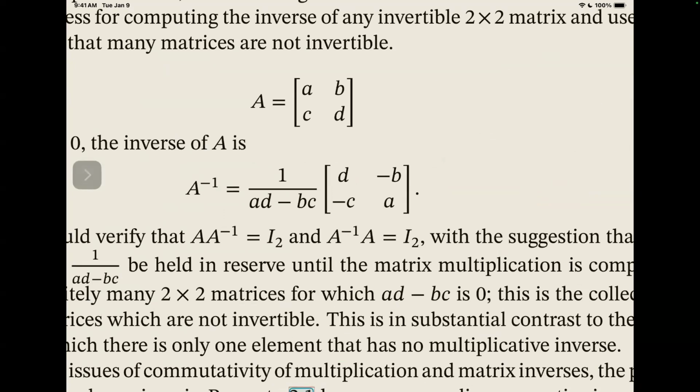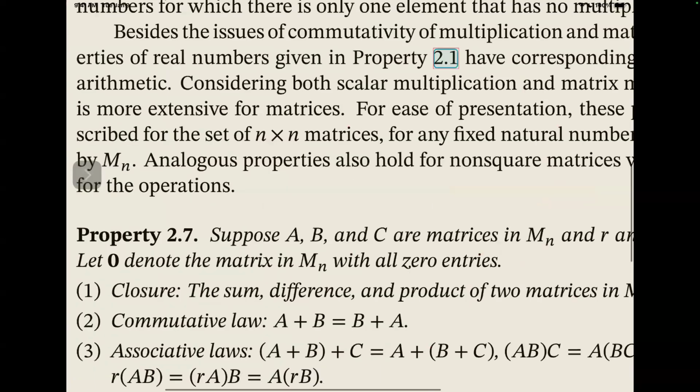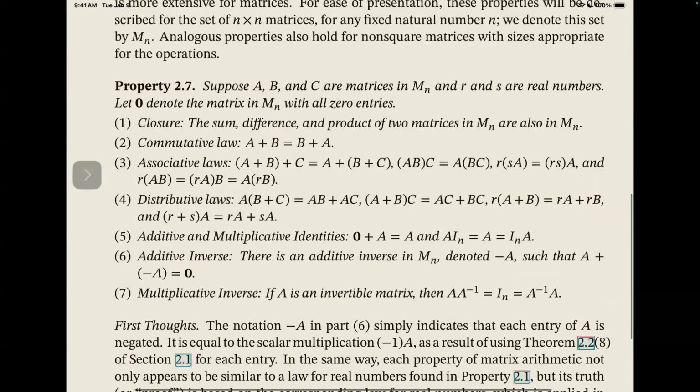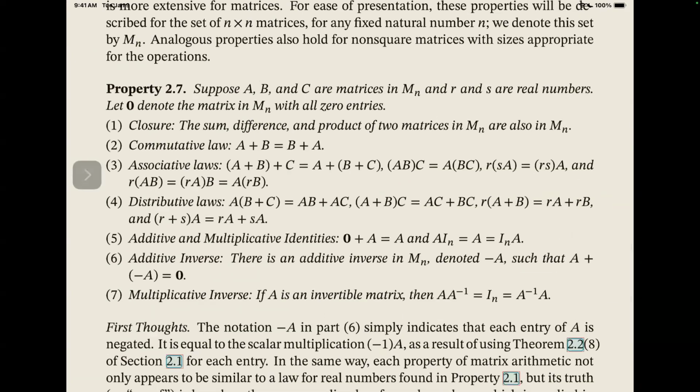And then we're kind of running out of time. But there's some properties here which are really important. So if we suppose, let's look at 3 matrices, A, B, C, and R and S are real numbers, then we look at the properties.